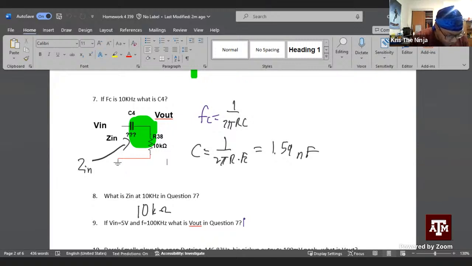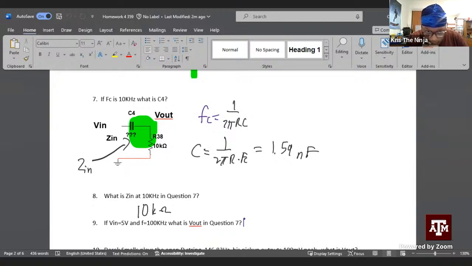So if VN is 5 volts and the frequency is 100K, what is V out? Well, there's no gain because there's no op amp really.